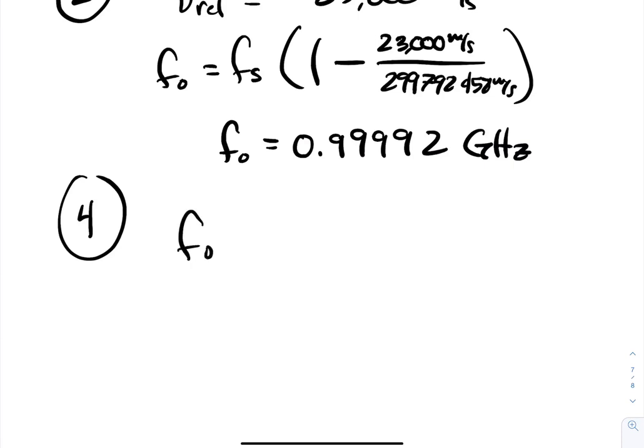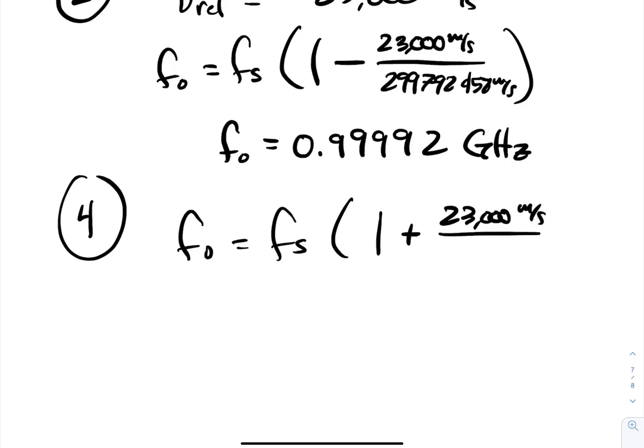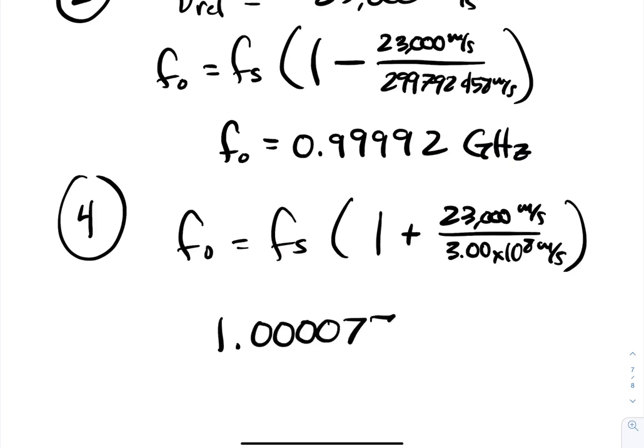So we have F sub o equals Fs 1 plus 23,000 meters per second over 299,792,458. You're always welcome, instead of using this actual speed of light, to just use 3.00 times 10 to the 8 meters per second. That'll do just fine. And we'll get 1.123477 gigahertz for our final answer.